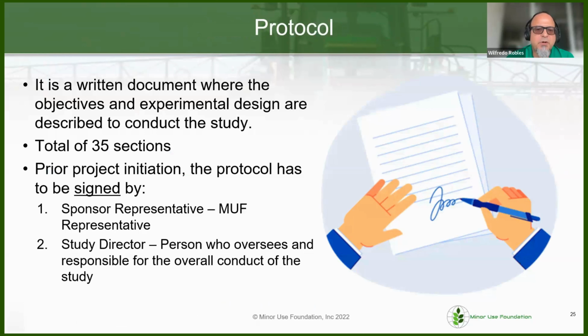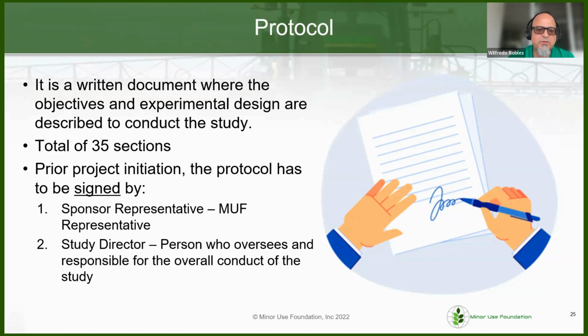So in general, the protocol is a written document where the objectives and experimental design are described to conduct the study. It's composed of 35 sections, and prior to project initiation, you need to ensure that the protocol is already signed by the sponsor representative, in this case, the Minor Use Foundation representative, and also by the study director.